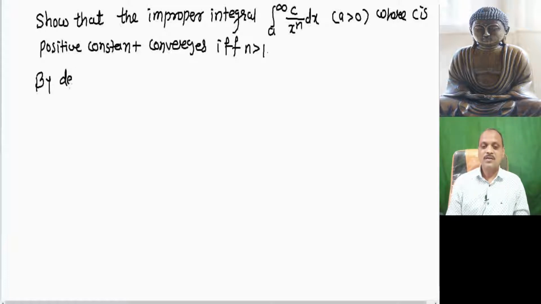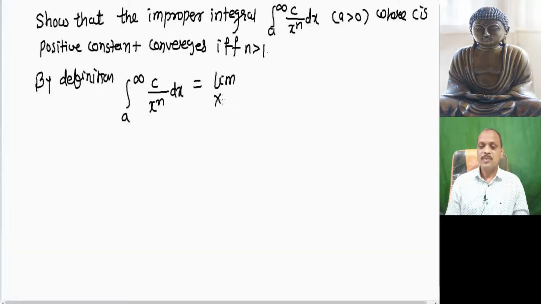By definition, we write the integral from a to infinity of c divided by x raised to n dx equal to the limit as capital X tends to infinity of the integral from a to X of c divided by x raised to n dx. Let us call it equation number 1. Now the first case, n is equal to 1.